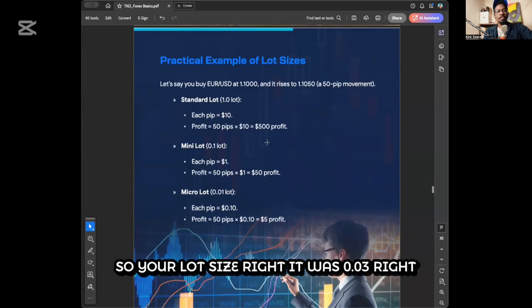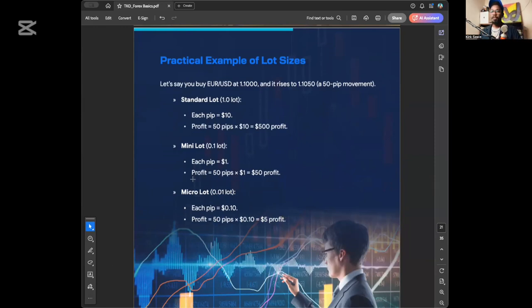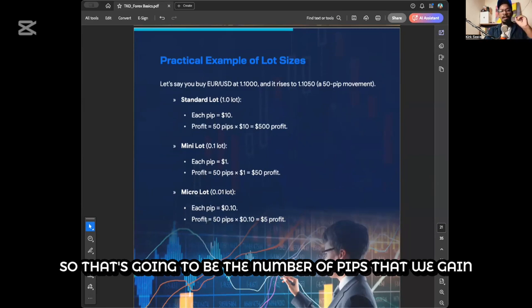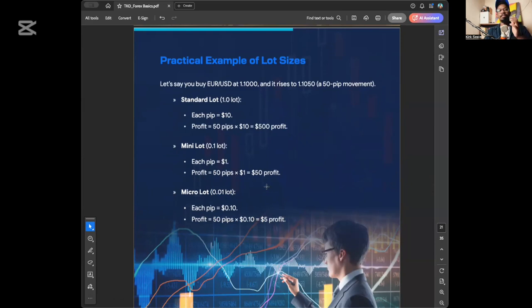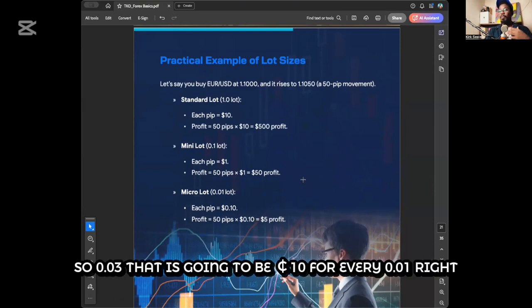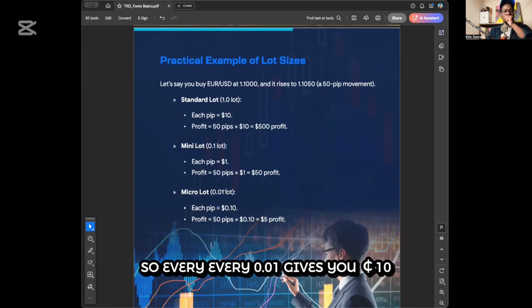So your lot size was 0.03. The lot size is what we use to help calculate our profit. The number of pips that we gain multiplied by our lot size equals our profit. So 0.03 is going to be 10 cents for every 0.01. That's in the micro lot realm. So every 0.01 gives you 10 cents.